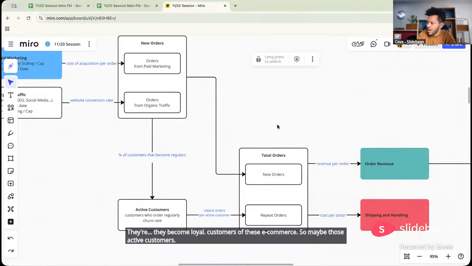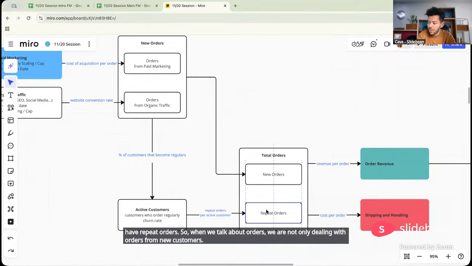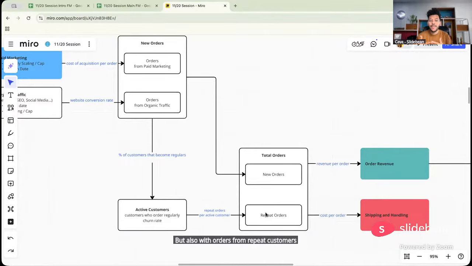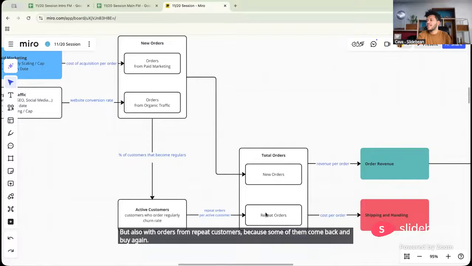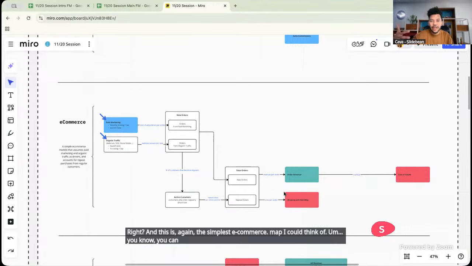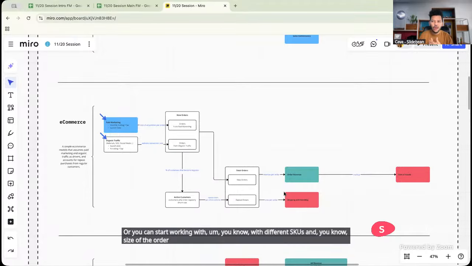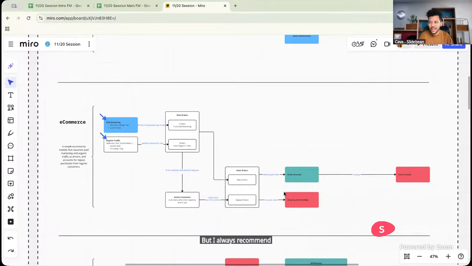So when we talk about orders, we are not only dealing with orders from new customers, but also with orders from repeat customers, because some of them come back and buy again. And this is, again, the simplest e-commerce map I could think of. You can obviously get more elaborate with this. You can start working with inventory, or with different SKUs and size of the order and so on. But I always recommend just start with the very basics and move from there.